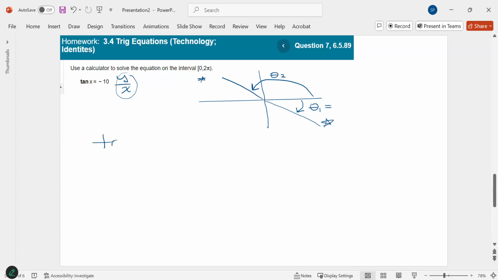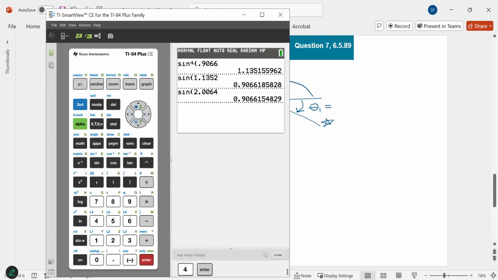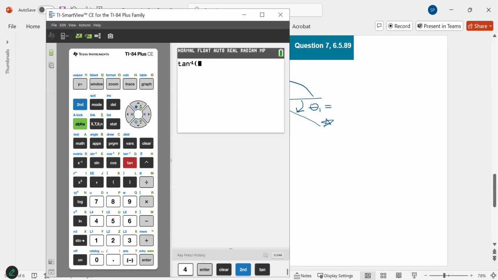Okay, so let's take the inverse of -10. That'll give us the first angle. Okay, so if we take inverse of tangent of -10, it's going to be -1.4711.